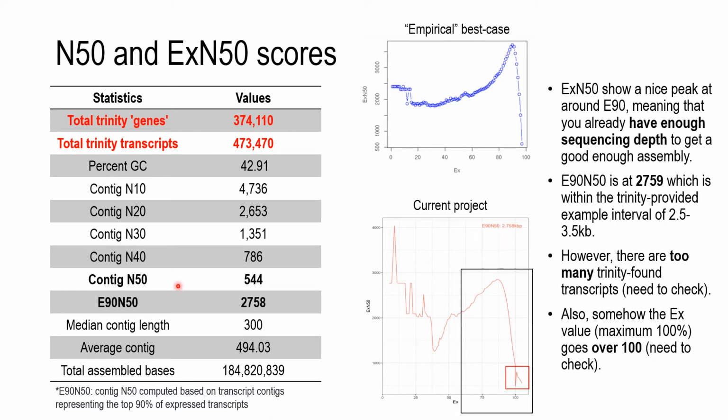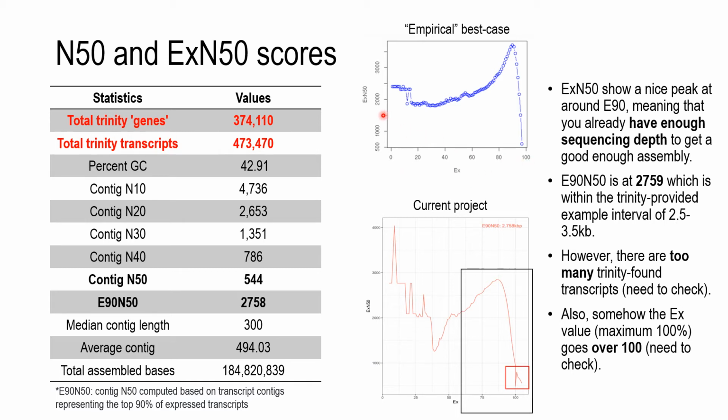So you can see the contig N50 is only around 500, but the relatively unbiased E90N50 score is around 3000. And on the right side, you can see how this is represented. On the x-axis is the percentage expression, from 0 to 100%.